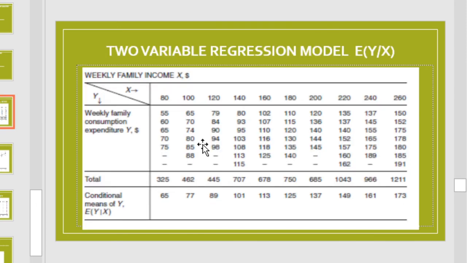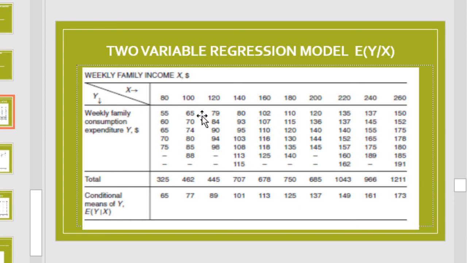So far we have discussed conditional expectation of y given xi. What is conditional expectation, what is unconditional expectation, and what is a regression? Regression simply means estimating or predicting the mean value of the dependent variable on the basis of the known or fixed value of the explanatory variable.